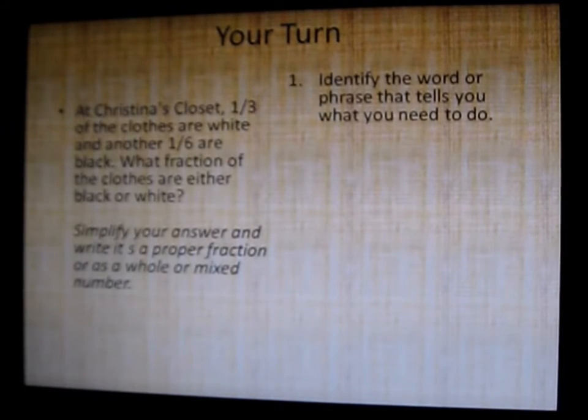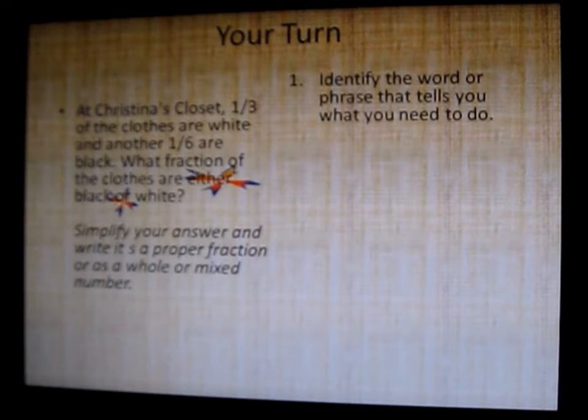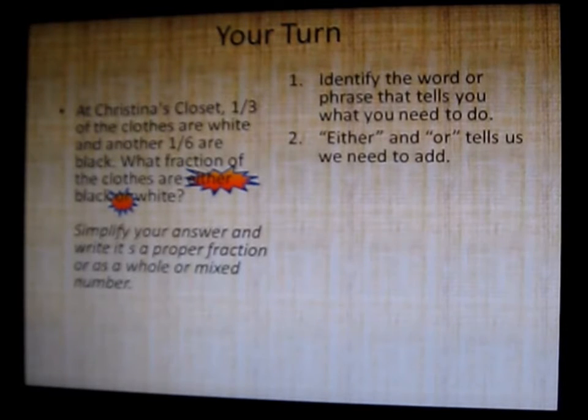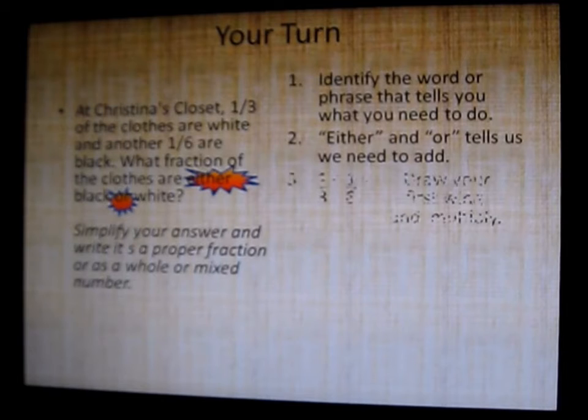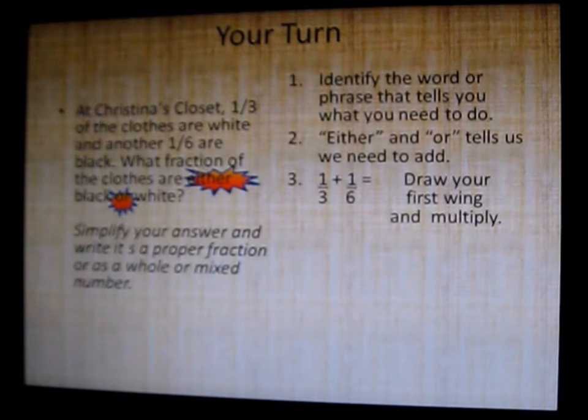First, identify the word or phrase that tells you what you need to do. Either and or tell us we need to add. 1/3 plus 1/6 equals.